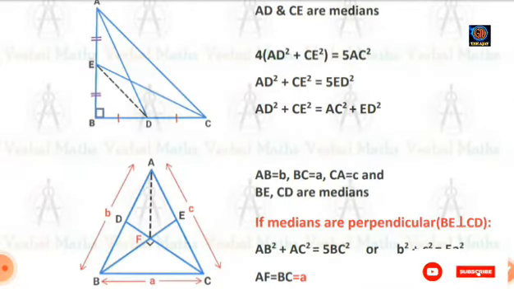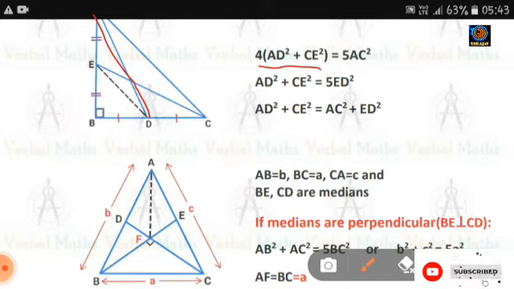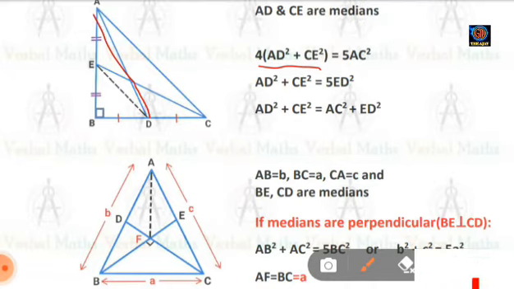Next thing, if the medians are at a right angle, to find this result, 4 times of AD square plus CE square is equal to 5 of AC square.